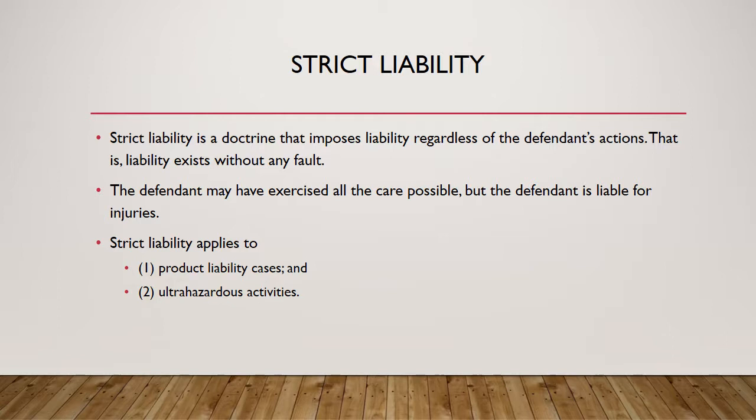The defendant could have done every single thing possible to avoid any injury or harm. And if they did everything that they could have, it still doesn't matter. They're going to be liable for any injuries. Strict liability applies in two contexts: products liability cases, which we talk about and analyze in the next video, and ultra hazardous activities.